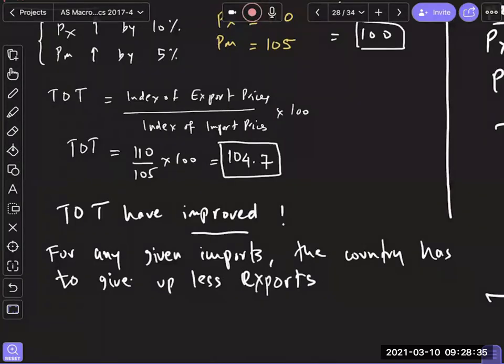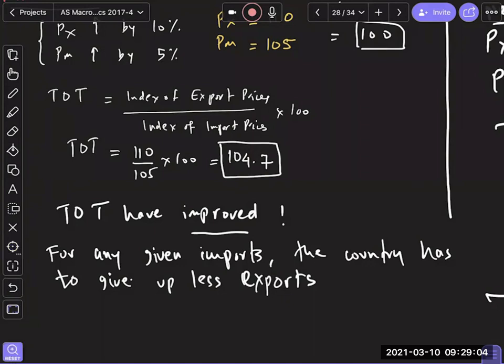If terms of trade is going up and yet exports are going down, the demand must have been elastic. Otherwise, it should be good news for us, because we're giving up less exports. So it all depends on elasticity of demand. That's something I'm going to talk about, but I wanted to explain the idea here at least, that terms of trade improvement isn't necessarily a good thing. It all depends on whether you have an elastic or inelastic demand.